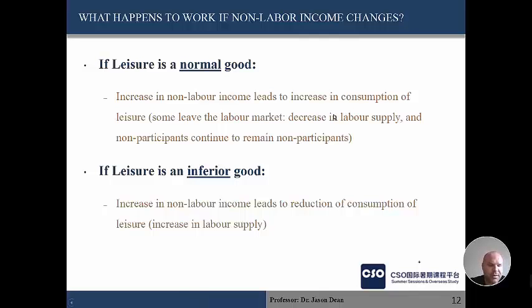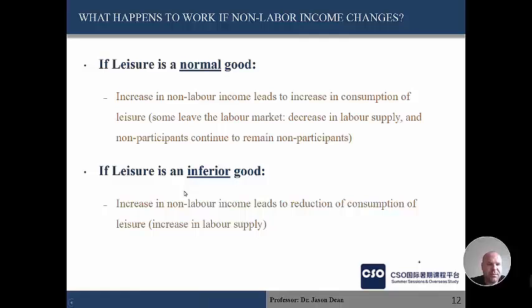If you remember from microeconomics, a normal good means that the quantity demanded for it is positively related to income. More income, you want to buy more of it. So if we think of leisure as a normal good, higher income would mean we want more leisure.